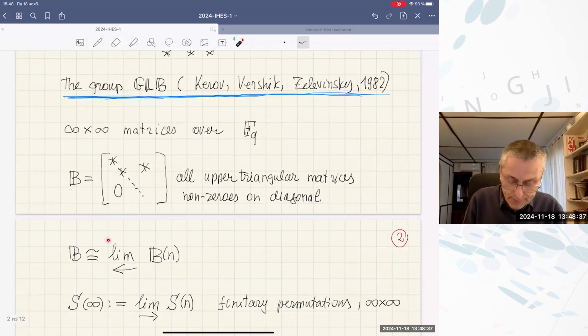Note that this group is a pro-finite group. It is a projective limit of finite groups, because these finite groups are obtained by cutting the corner of size n by n. And as a projective limit, it can be endowed with a natural topology in which it is a compact and totally disconnected topological group.